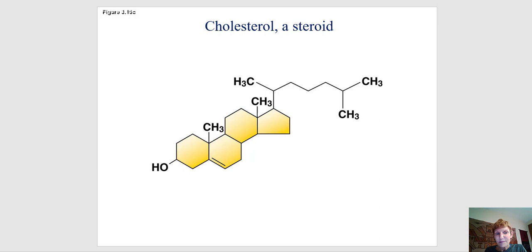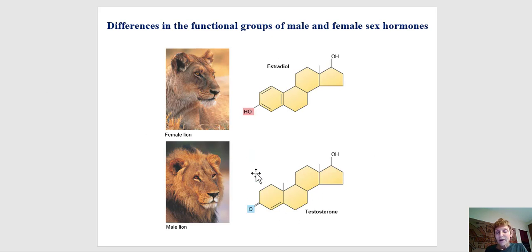There's some differences, but it looks a lot like it. And so they're all called steroids, and both of these come from cholesterol. Now, testosterone. I need to talk a little bit about this one because, yes, it comes from cholesterol, as does estradiol or estrogen, same thing.